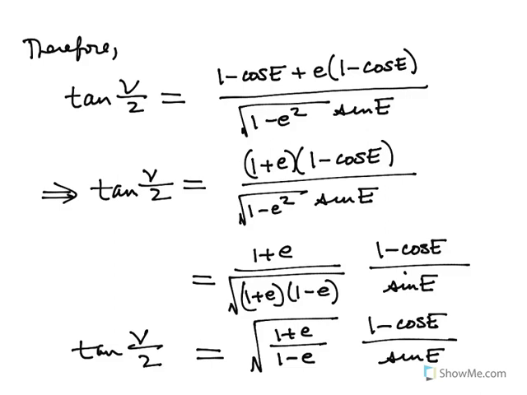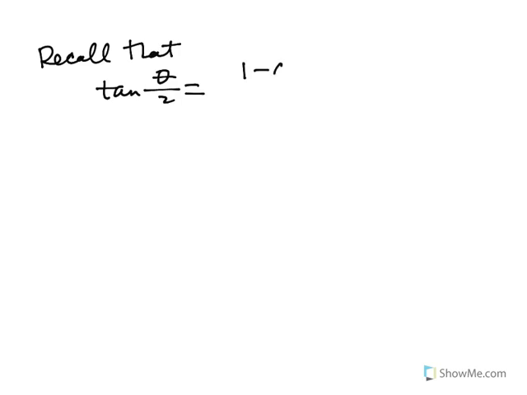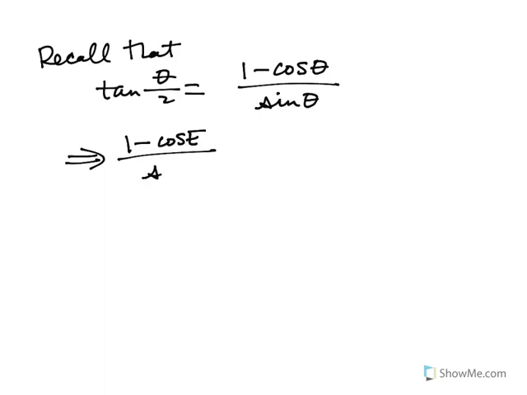But we had an identity that we used previously, so recall that the tangent of theta over 2 is equal to 1 minus the cosine of theta, all divided by the sine of theta. So that implies that 1 minus the cosine of e, all divided by the sine of e, is equal to the tangent of e over 2.